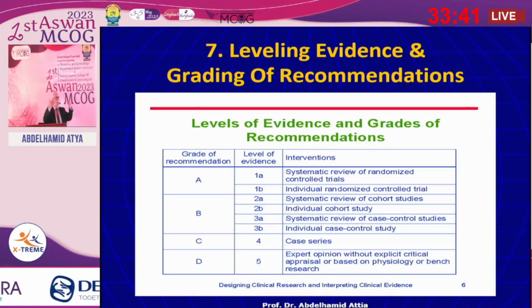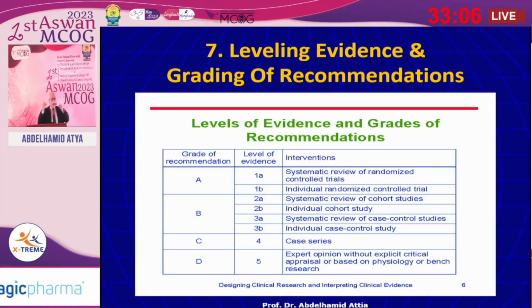Then they start to level the evidence and grade the recommendation. If they are having evidence from randomized controlled trials or systematic reviews of randomized controlled trial, they call it level 1 evidence. And when they draw a conclusion or a recommendation from this evidence, they give it a grade A recommendation. If they are having evidence from observational study like cohort study, they put it level 2 evidence and the recommendation is grade B recommendation.